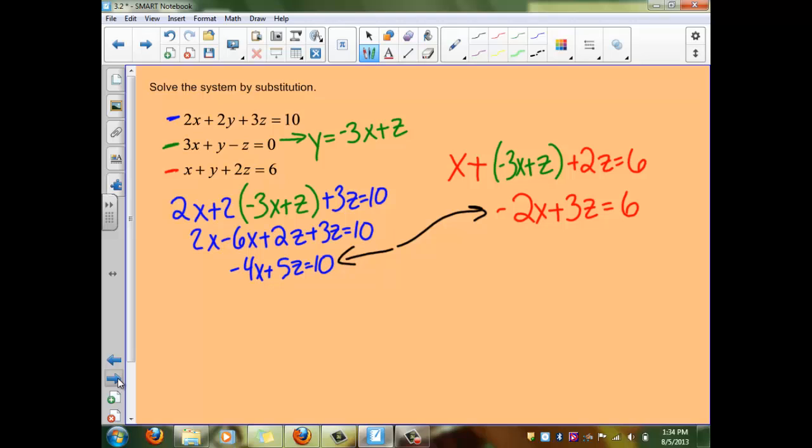So let's go ahead and just solve this first one for z. So we'll have 5z equals 10 plus 4x. z equals 2 plus 4/5 x. And now let's go ahead and put this one into here for our z.